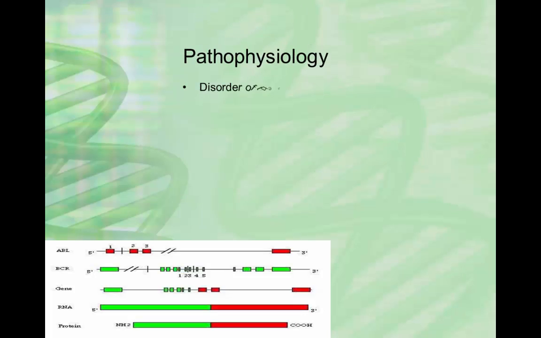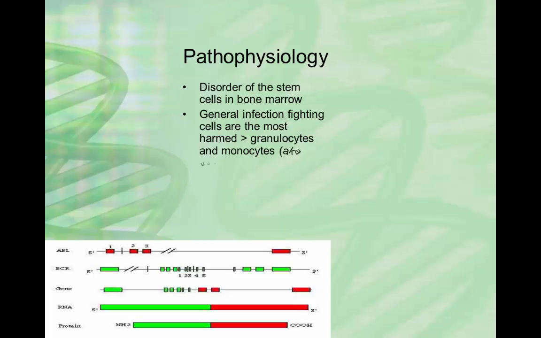Okay, so the pathophysiology we already explained a little bit. Disorders of the stem cell in the bone marrow, that basically is the inflammatory cascade trying to recognize the antigen and fight the infection.